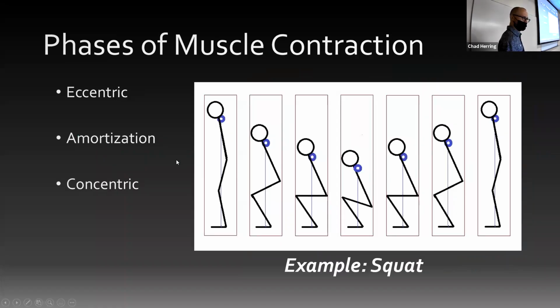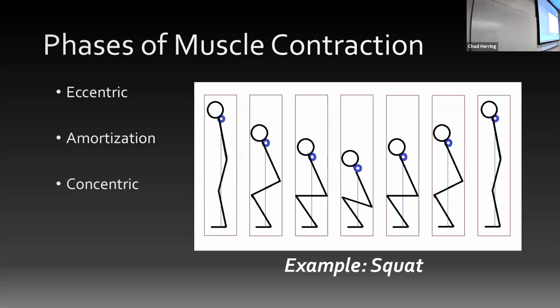All right. So phases of the muscle contraction. Now not only do we have agonists and antagonists, but we have different phases of the muscle contraction. For this, I want you guys to just think about the agonist, which again is what? The muscle that's essentially doing the work. Squat is a little bit more difficult from an agonist and antagonist standpoint, so I'm going to start with the tricep push down.